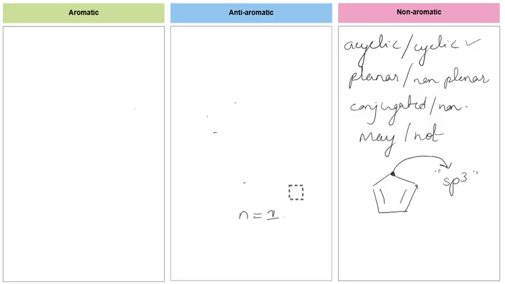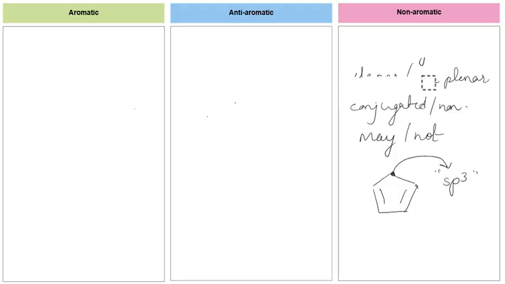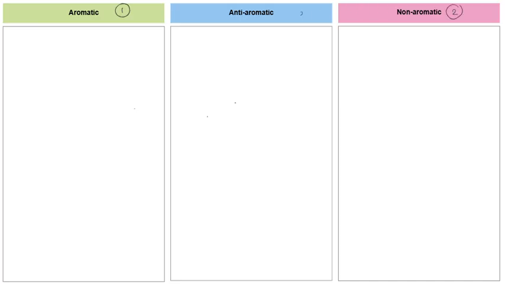Anti-aromatic molecules are less stable due to their high energy. That's why anti-aromatic molecules are least stable. Students, mark this: aromatic is more stable than non-aromatic, and the least stable is anti-aromatic.